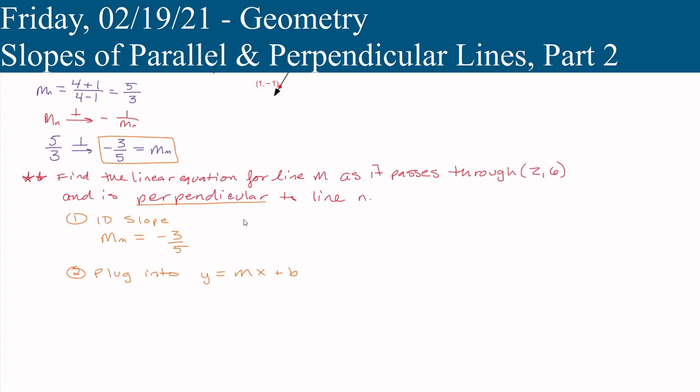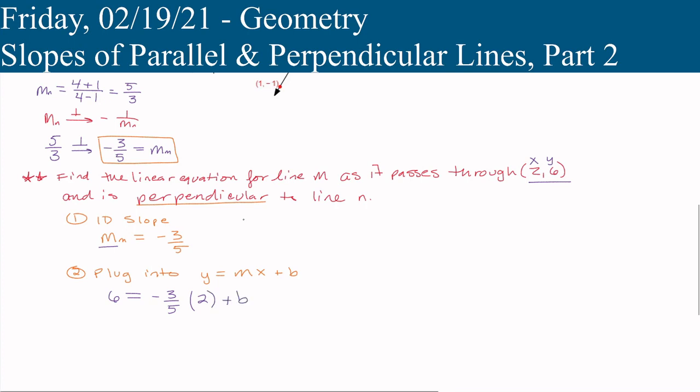So I have a y right here in this coordinate. Here's my x. I'm going to plug in my x and my y and this m. We're going to need that. So y is 6 equals m is negative 3/5 times x is 2 plus b.